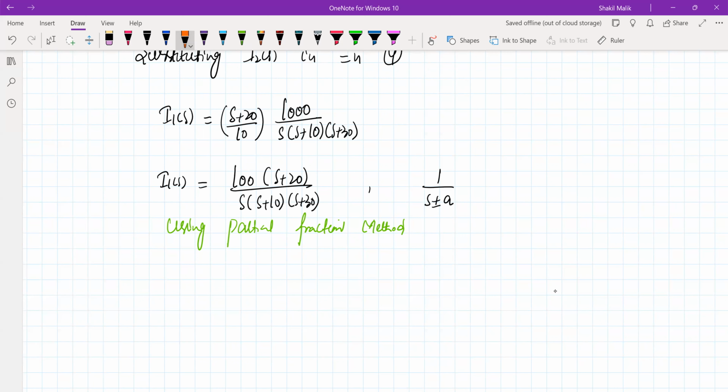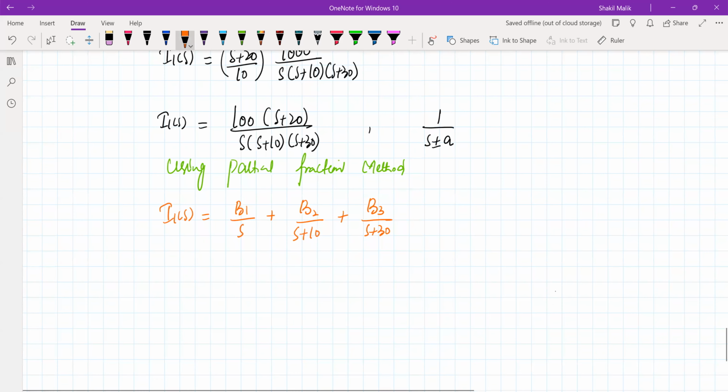So we'll say I1 of S will be equal to B1 by S plus B2 by S plus 10 plus B3 by S plus 30, right?